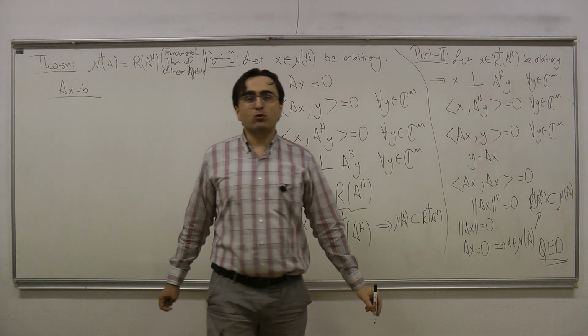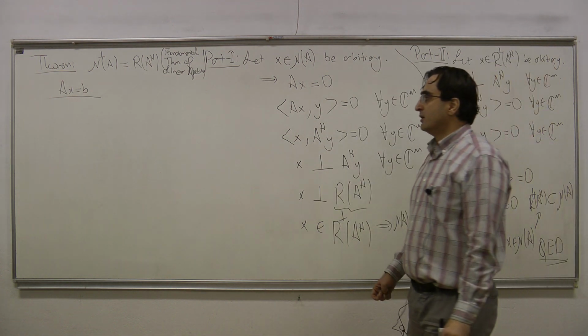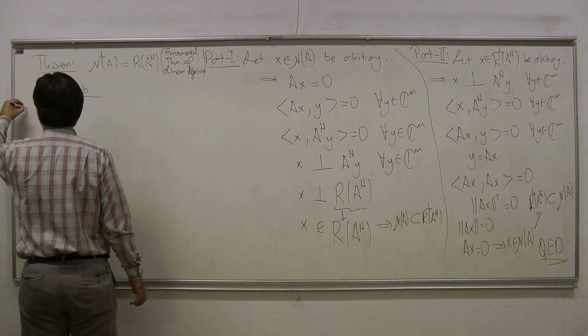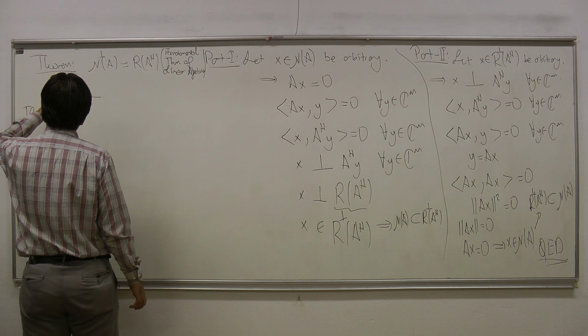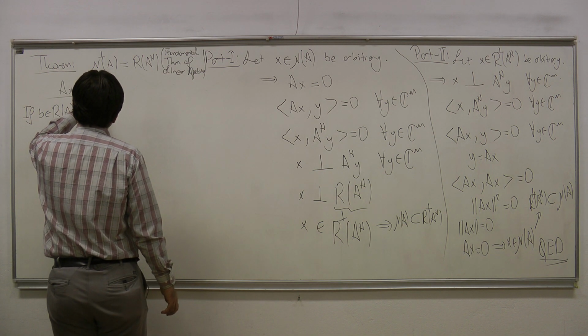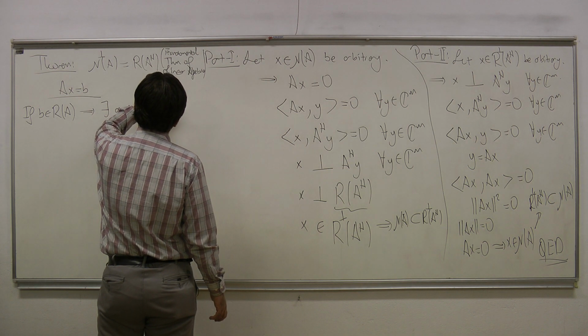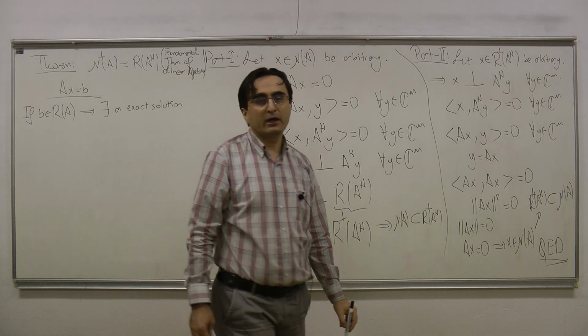When you start with an equation, and I'm going to write this in an algorithmic fashion, we're going to ask the following questions. If b is inside the range space of A, then there exists an exact solution, and this is going to be my x.